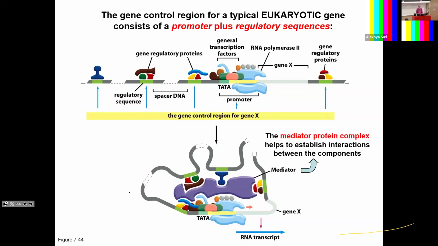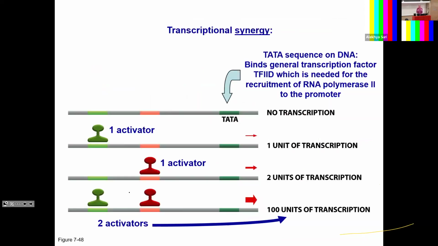So this is one feature of eukaryotic gene transcription. Another one would be we have various forms of activator proteins. There could be different activator proteins binding upstream. It's known that, for example, if one activator binds, we have a little bit of transcription.